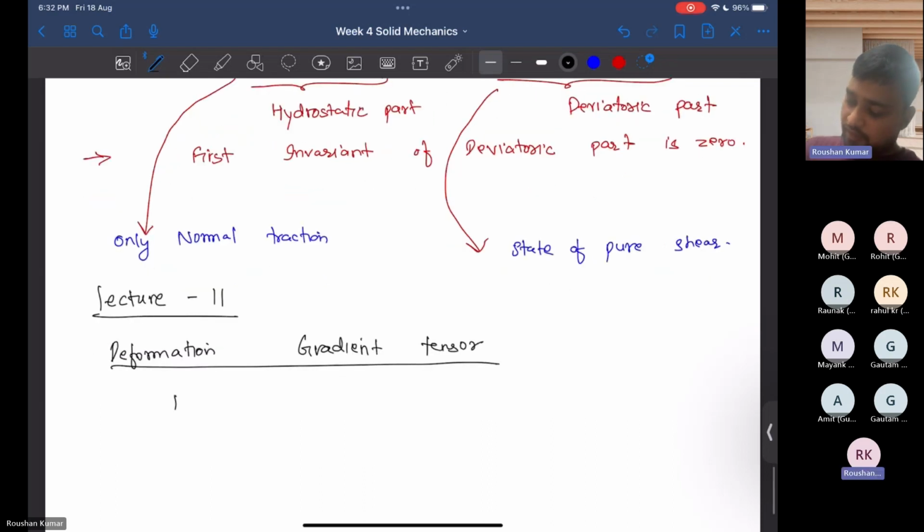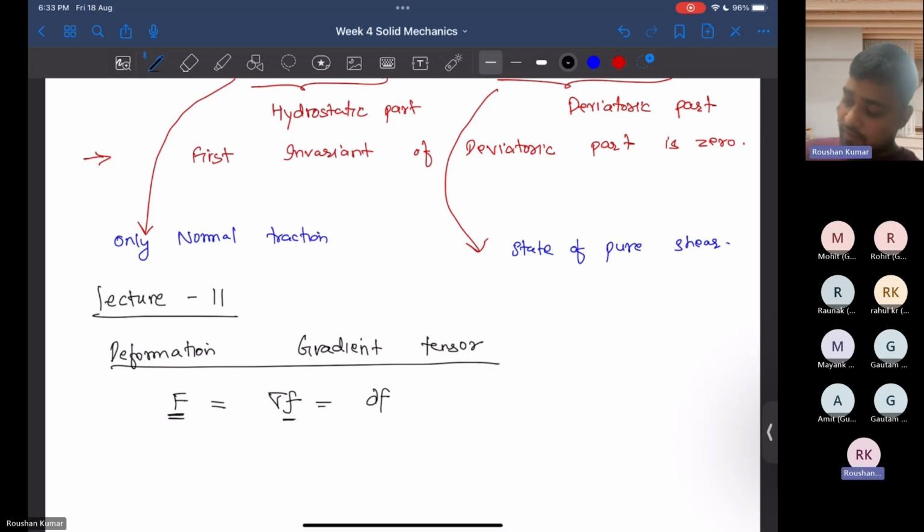It is denoted by big F, and it is a second order tensor, so I write a tilde below it. It is given by the gradient of f, where f is any general vector quantity.